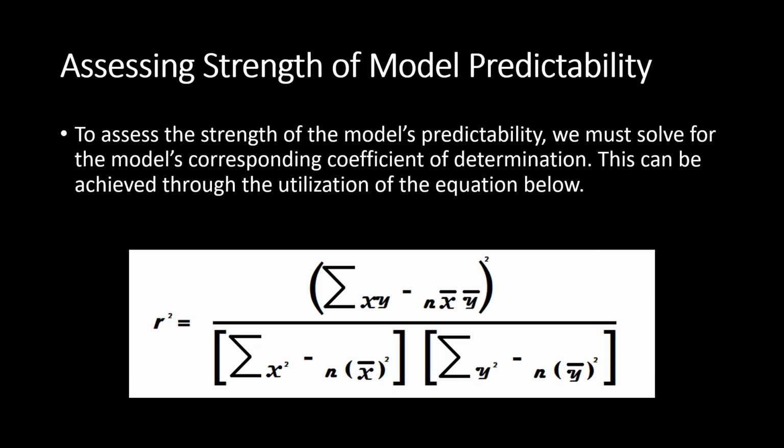But in the interim, let's assess the strength of model predictability. To assess the strength of the model's predictability, we must solve for the model's corresponding coefficient of determination, and that is the R squared value. So R squared is the symbolic notation which represents the coefficient of determination. And this can be achieved through the utilization of the equation below.